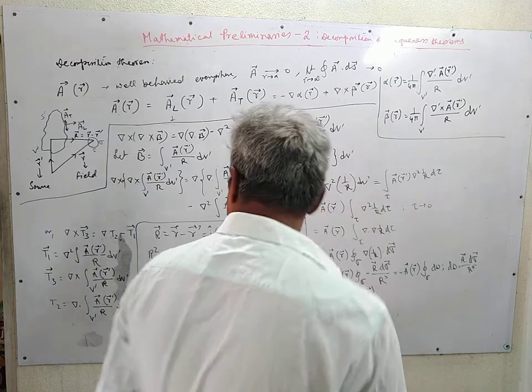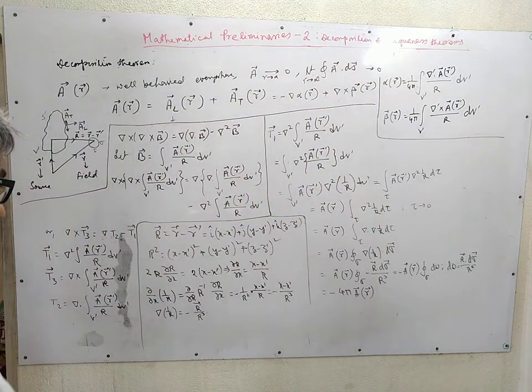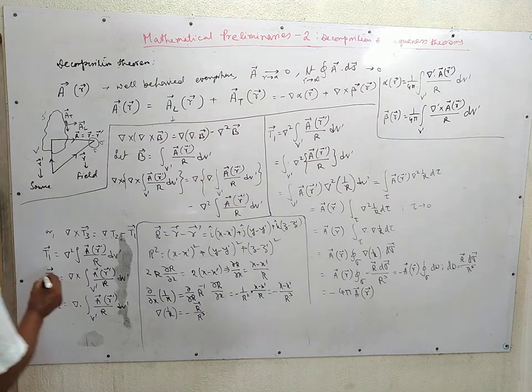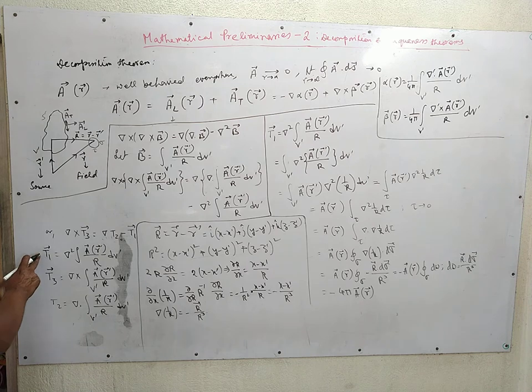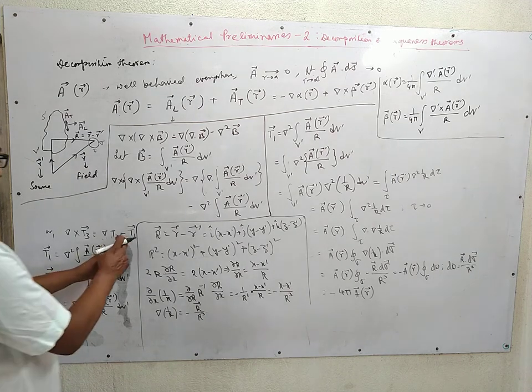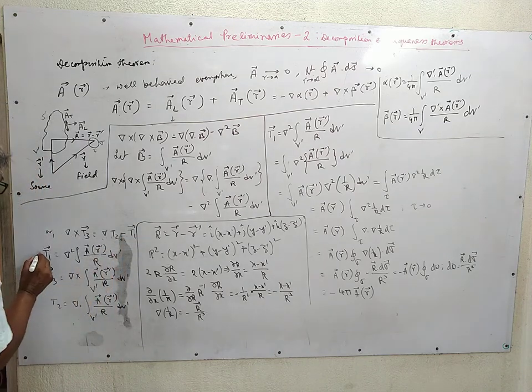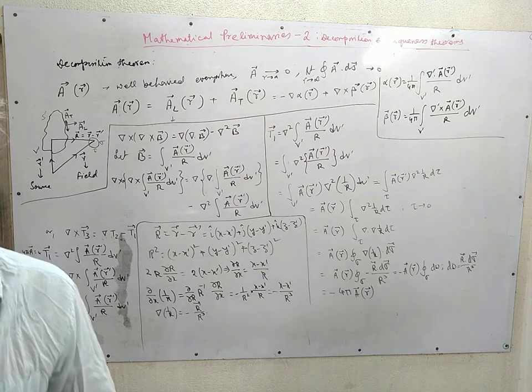This is the value of T1. So T1 is with a minus sign, and T1 comes out to be minus 4 pi A at R. So the first term has been evaluated.